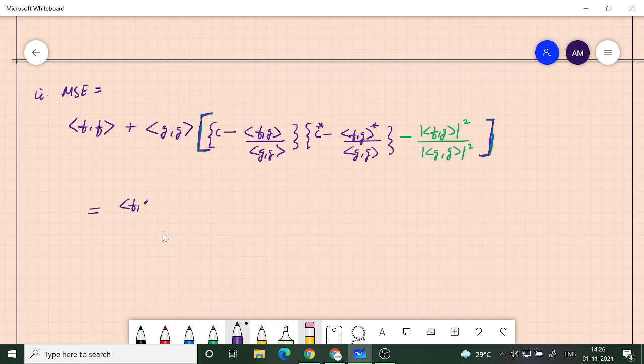Integral of ⟨f, f⟩ plus ⟨g, g⟩ times this bracket. Inside this bracket, I can now write it without C conjugate. This can be written like this. Now only C is there in this expression.